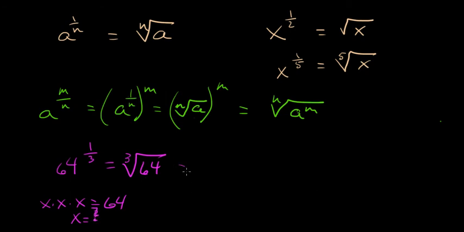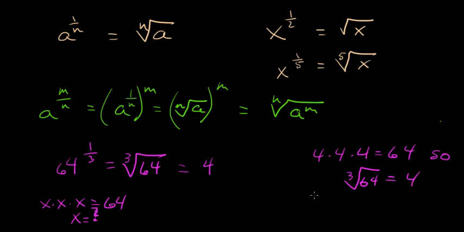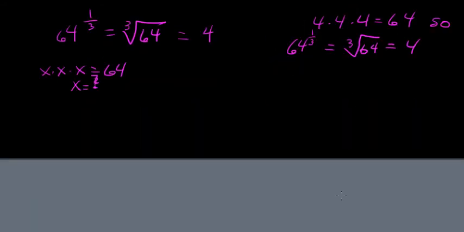Alright, well, the answer is 4, and the reason for that is 4 times 4 times 4 equals 64. So the cube root of 64 equals 4. Or 64 to the 1/3 power equals the cube root of 64 equals 4.